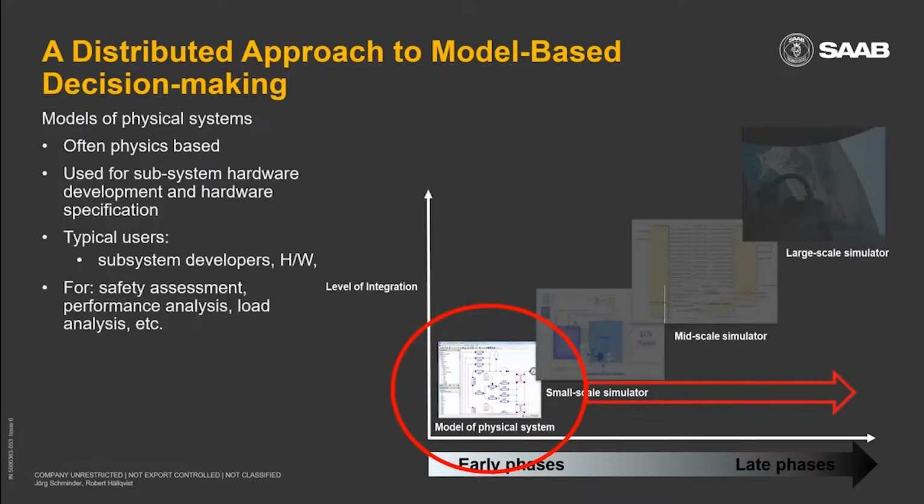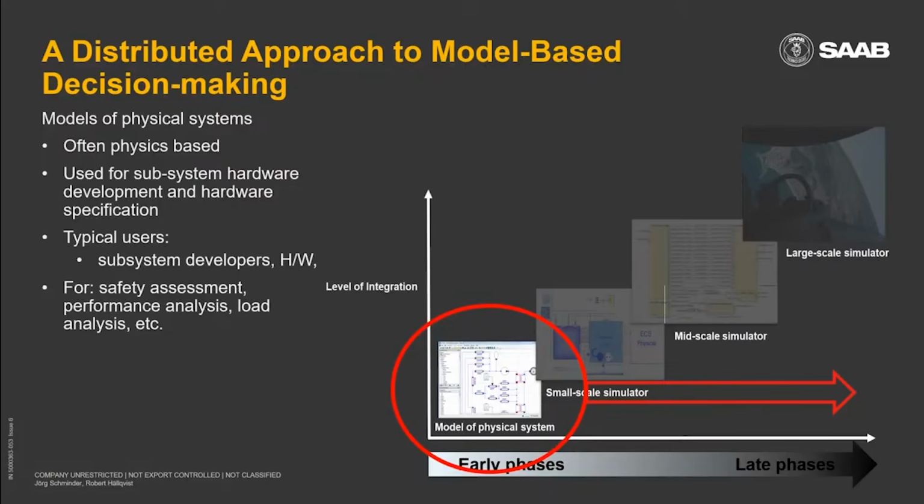So when developing a new aircraft vehicle system, we typically start by modeling the included hardware. And I myself am a Modelica proponent, so I would develop this model using Modelica and various different Modelica tools. But as I mentioned earlier, we strive to use the best suited tool for the task at hand.